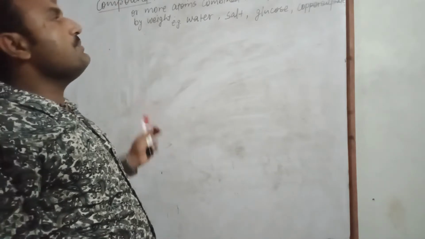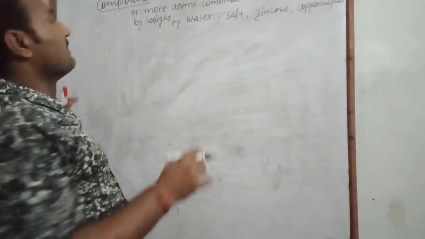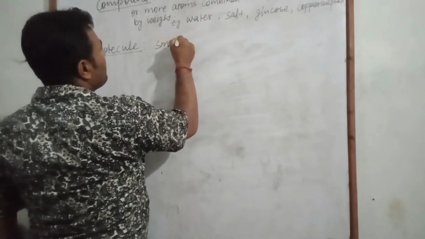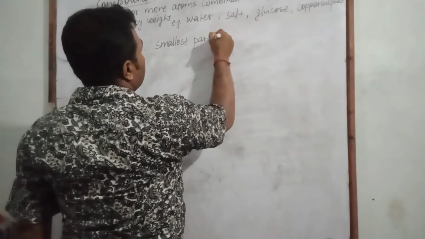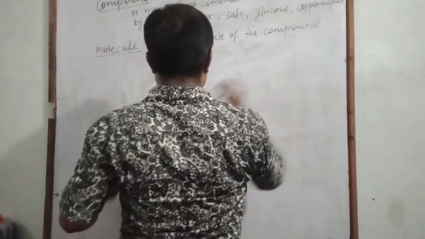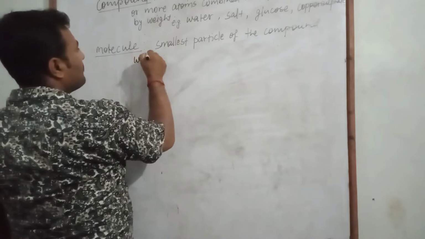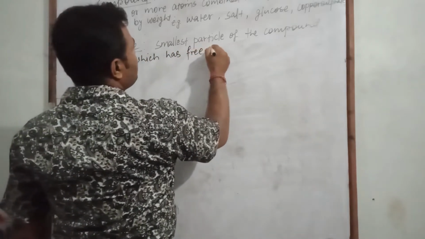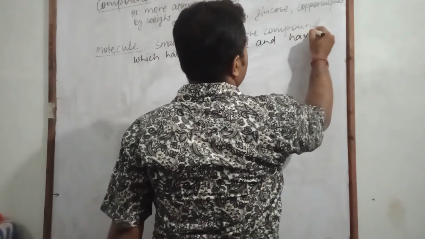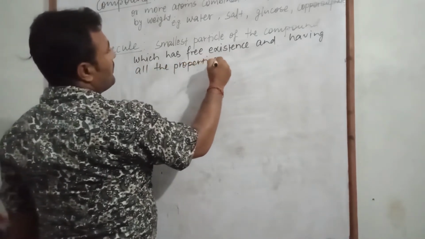Several compounds are found which are made from two or more atoms. These compounds are made up of smaller tiny particles which possess the characteristics of the compound, and these are called molecules. How do we define a molecule? The smallest particle of the compound which has free existence, found freely and having all the properties of that compound.